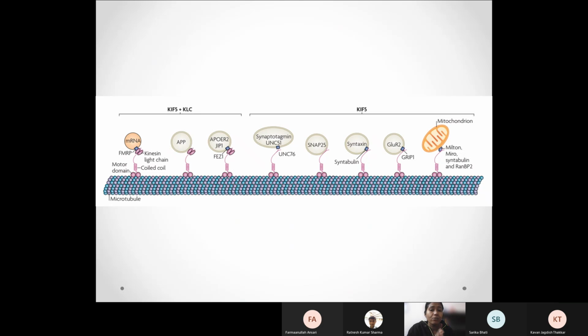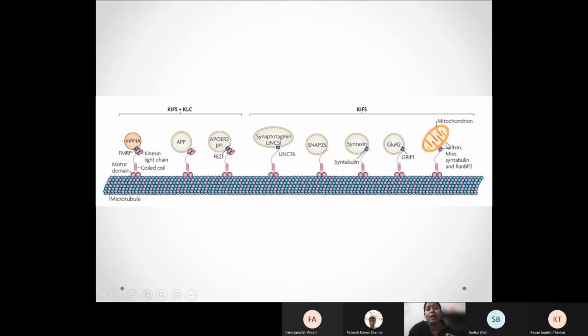And kinesins can also select the kind of cargo that they would carry. And it all depends on how this cargo is getting attached to the kinesins. So for example, some kinesins might require this light chain to bind to the cargo. So additional chains can bind to the kinesin molecule, and those have an affinity to say certain mRNA, and therefore that can become the cargo.